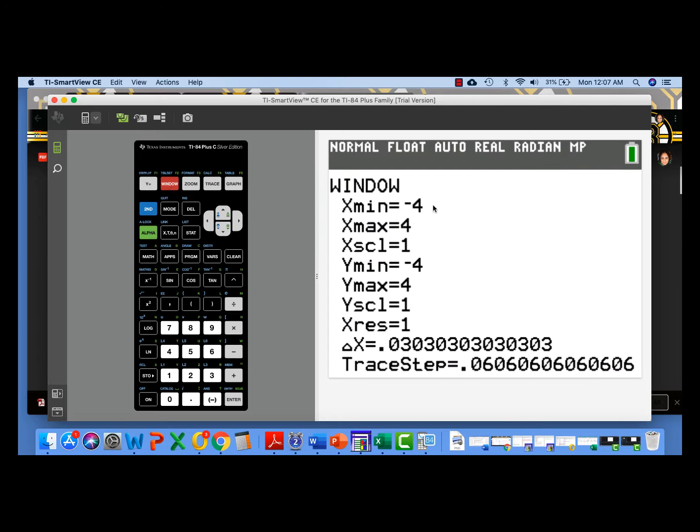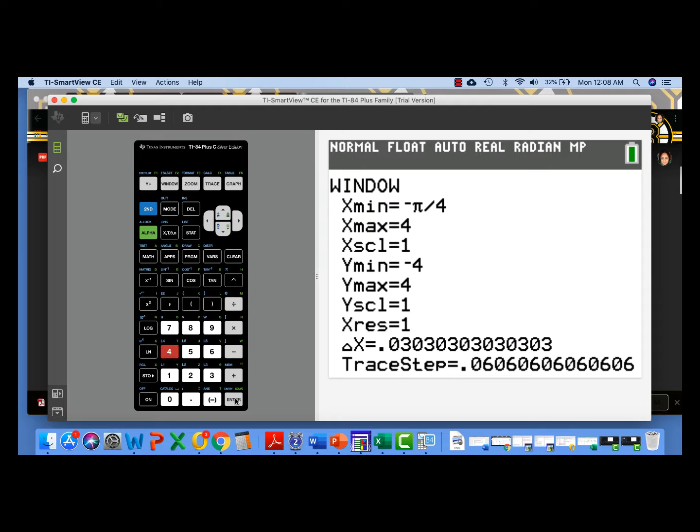Our x-min, since we shifted over to negative pi over 4. So normally with our mother functions, we start at 0, 0. But we shifted to the left pi over 4, so that's our new starting point. So I'm going to put in for our minimum value for x as our starting point negative, make sure you use the negative and not the subtraction button, negative pi over 4.